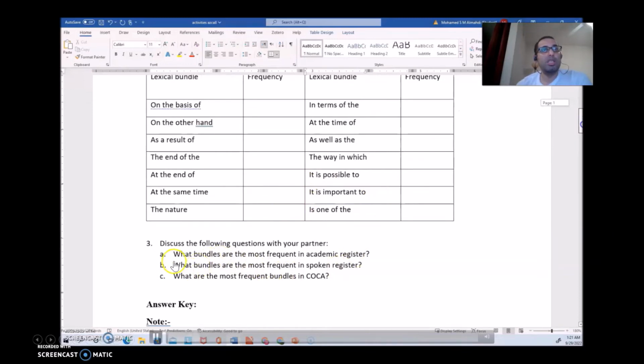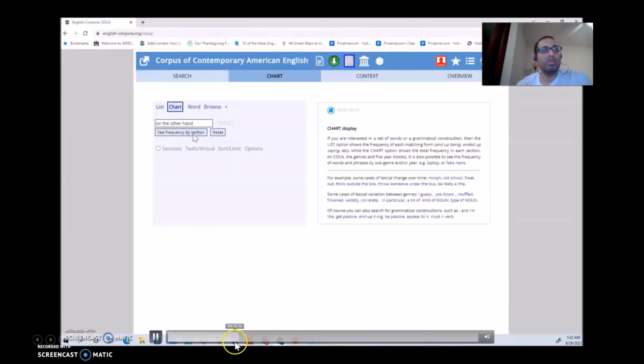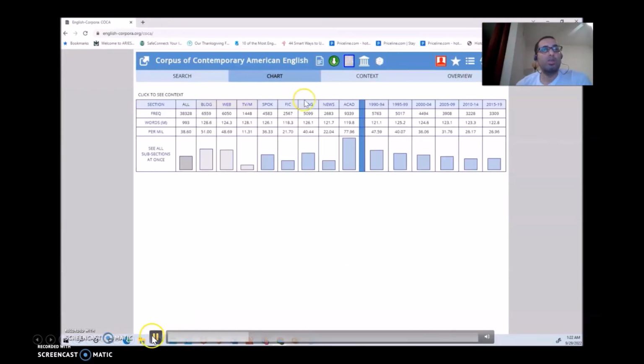And then there are some questions that they can work on with partners in a group: what bundles are the most frequent in academic and spoken register, and also what's the common one in the corpus. And here they can go to COCA and find the required information, the frequency, and also the register.